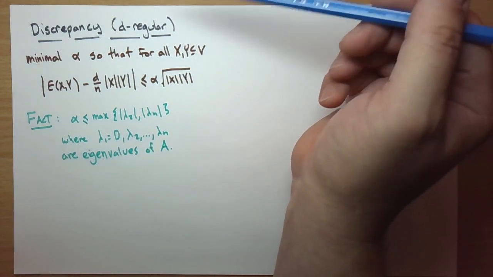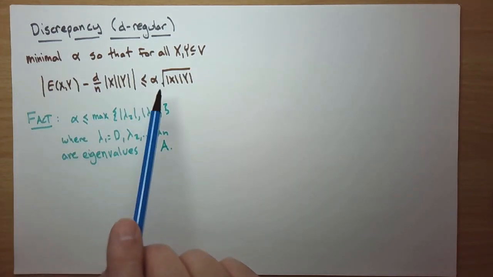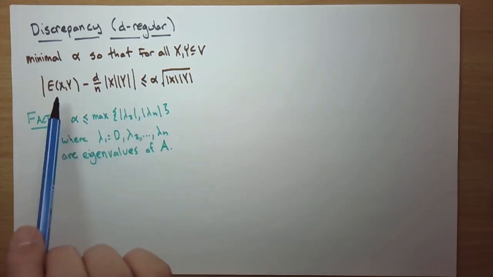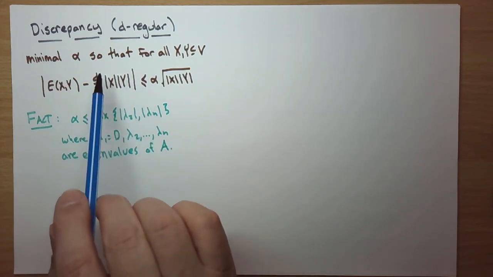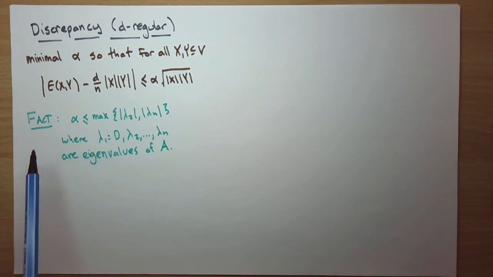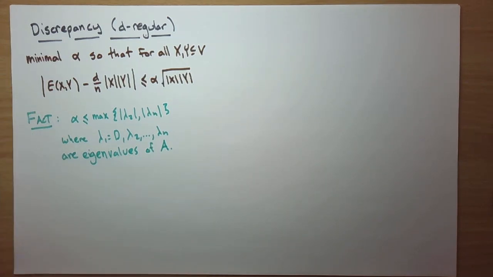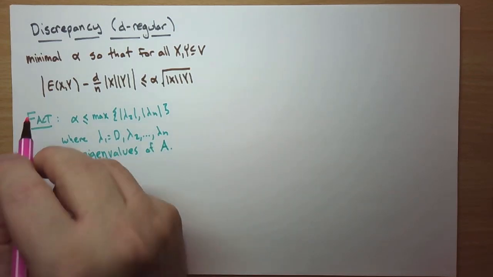So as a reminder, what's discrepancy? It's the minimal alpha, where alpha is some value in this relationship, so that for any subsets x and y, which are subsets of your vertices, you look at the E of xy. So this E of xy, as a reminder, is the actual number of edges.